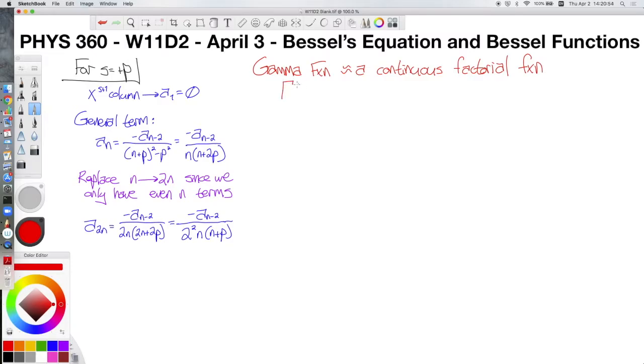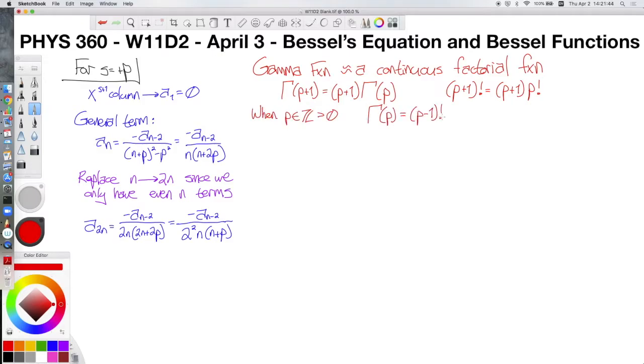If you take the gamma function of p plus 1, this is equal to the quantity p plus 1 times the gamma function of just p, which is similar to the idea that p plus 1 factorial is equal to the quantity p plus 1 times p factorial. And indeed, the gamma function, when p is an integer, is related to the factorial in the following way. The gamma function of p equals p minus 1 quantity factorial.